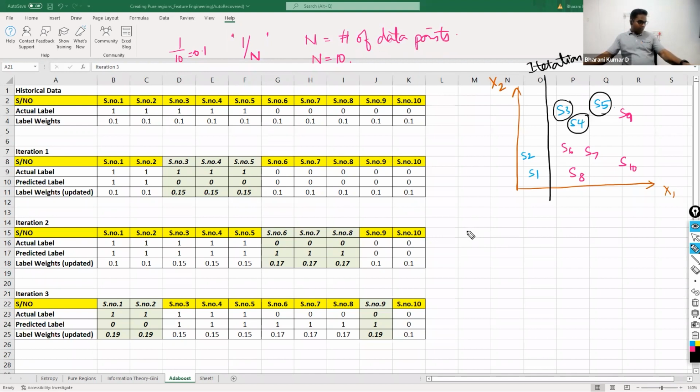Let me write down the 3 formulae, and then I'll explain them. This is how the formula starts. Let me put it as error.